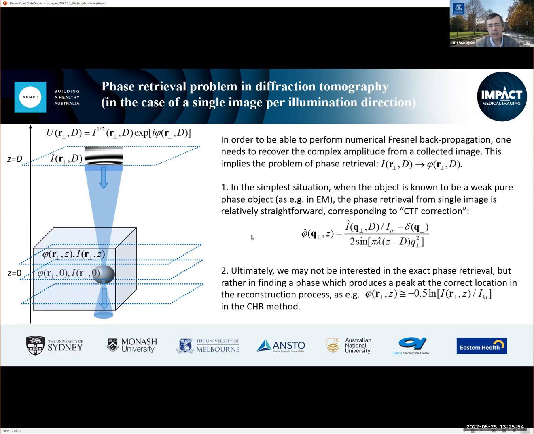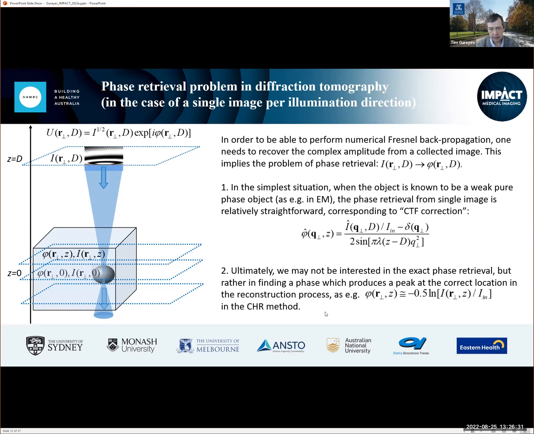In the method that I'm describing today, that phase retrieval is done according to what is sometimes called the method of contrast transfer function correction. So you can see that the phase is reconstructed from the intensity by means of the Fourier space division by a function, which in this simplified case of a pure phase object is the sine function. So this is the contrast transfer function, which is required in order to get a phase from the registered image.